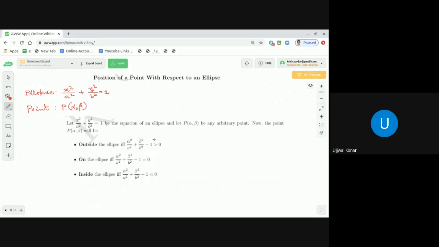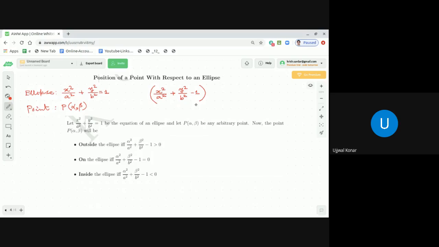So how do we come to this expression, dear students? As we know, the equation of the ellipse is x square by a square plus y square by b square equal to 1. From here we find x square by a square plus y square by b square minus 1.